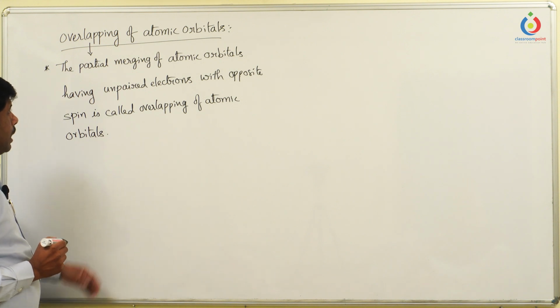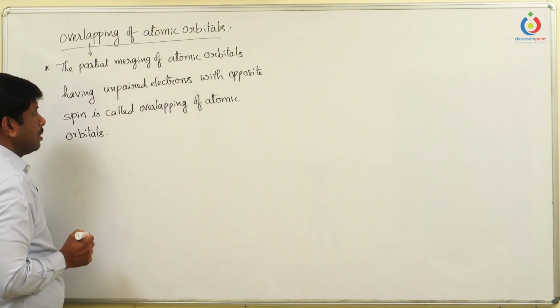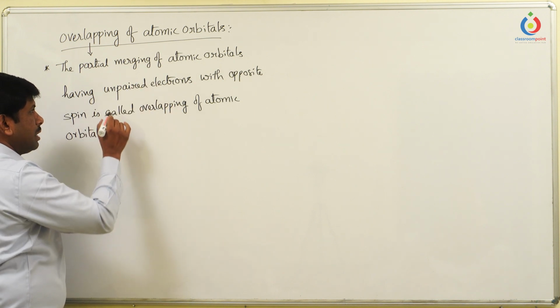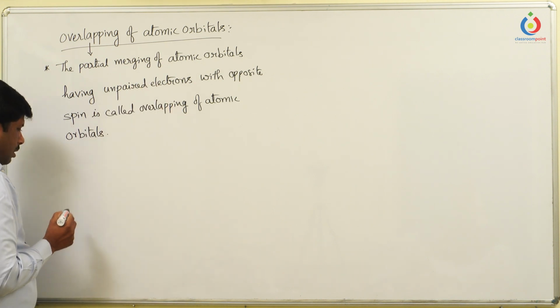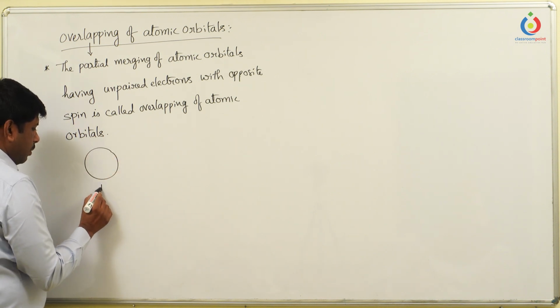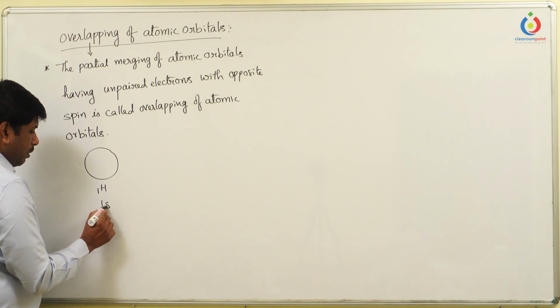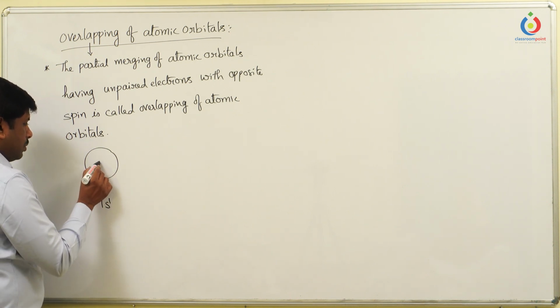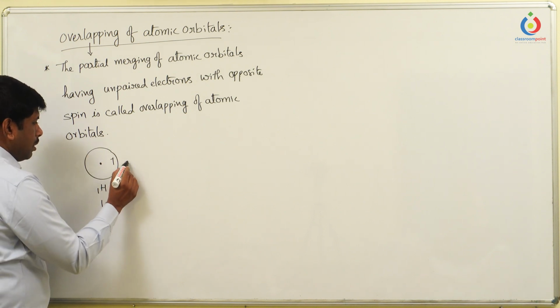So, what is the partial merging of two valence atomic orbitals of atoms having unpaired electrons with opposite spin? So, let's take a particular atom. Imagine a hydrogen atom, atomic number 1, electronic configuration 1s1, so this hydrogen atom has one unpaired electron.